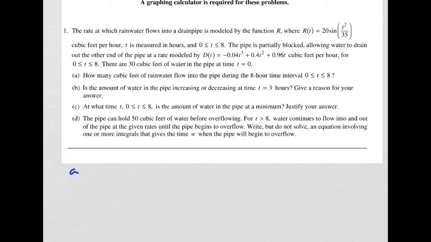So for part A, we take the integral because the area underneath the rate curve is the net change in volume, if this is the rate at which volume changes. And it is. So I have the integral of 20 sine of t squared over 35 dt, going from 0 to 8.